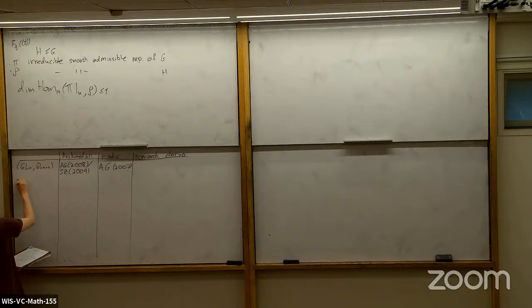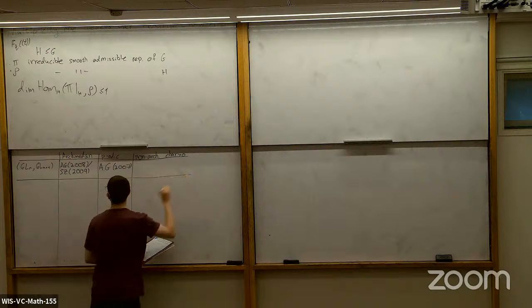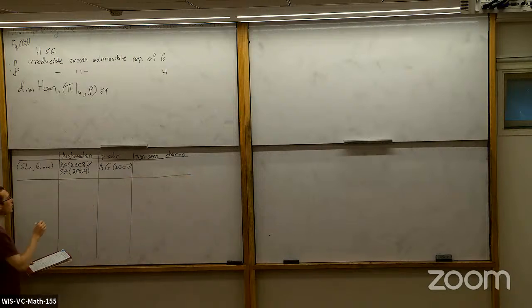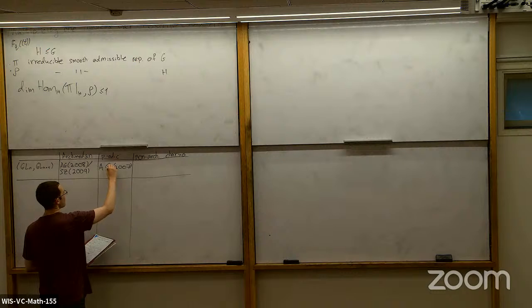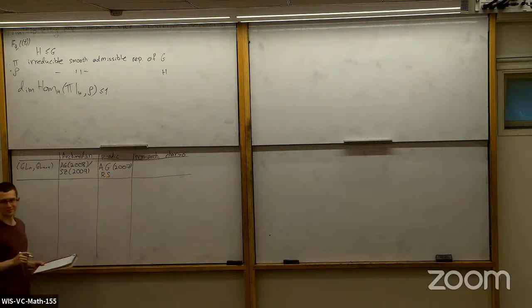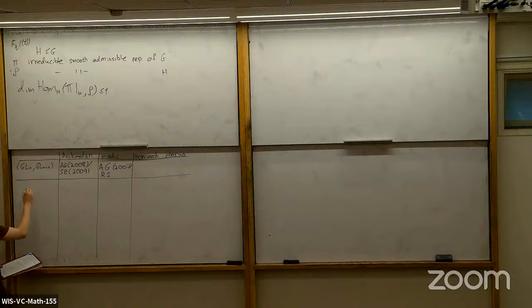Okay, so let me write more pairs. Also Gourevitch and Sakellaridis. We have the pair of O_n inside O_{n+1}, and also very similar to it, U_n inside U_{n+1}.